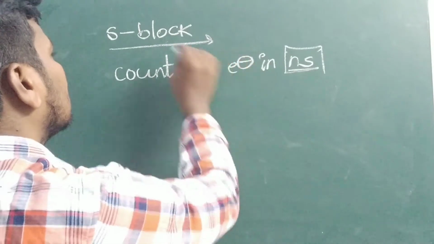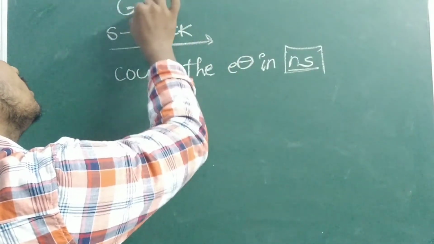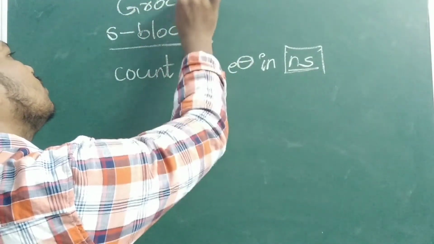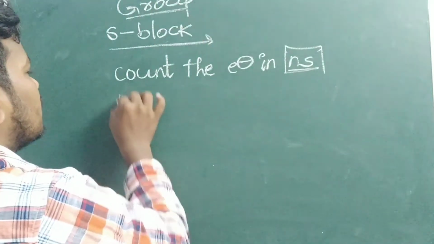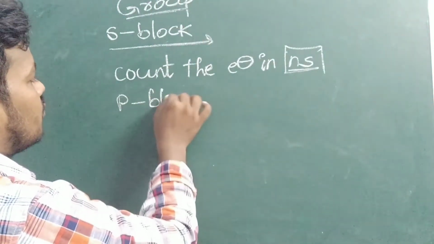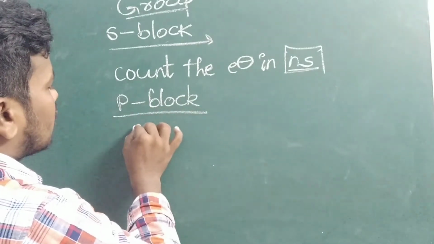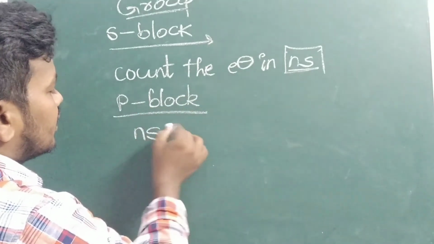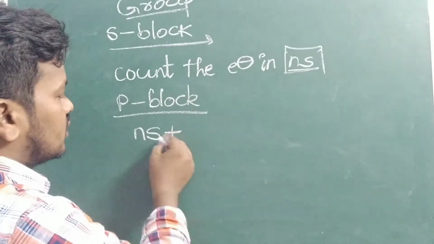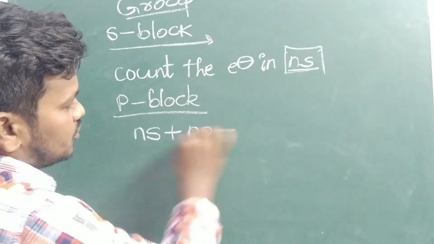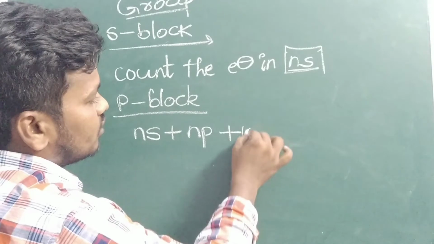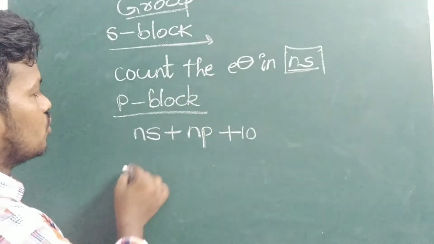That gives the group for the S block. For the P block, if you want to calculate the group, count the electrons in the last S subshell and the P subshell, and add them, then you will get the group number.